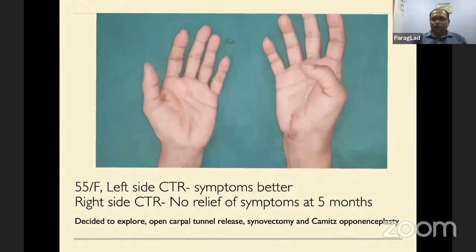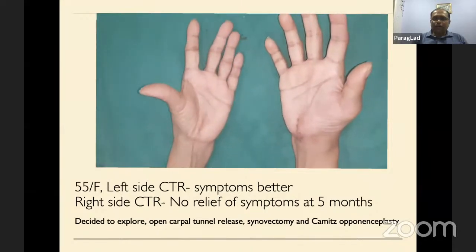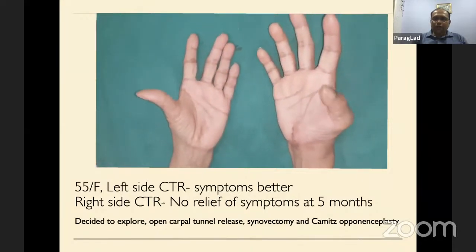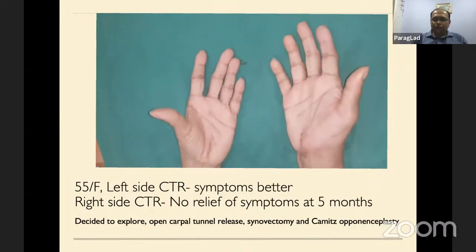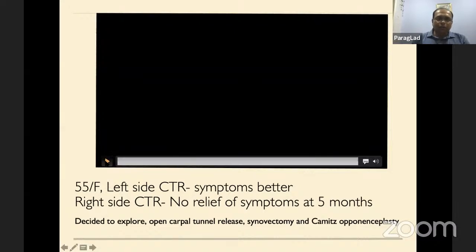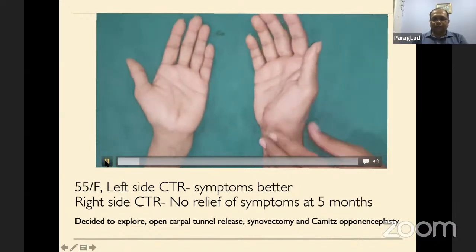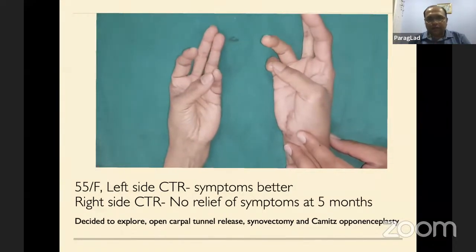She was just doing adduction and abduction, and there was no opposition possible. There was a significant Tinel sign at the operative scar, and the 2-point discrimination was more than 10 millimeters for the index and middle finger. This was at 5 months post surgery.